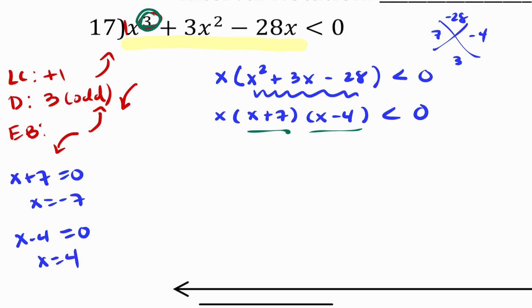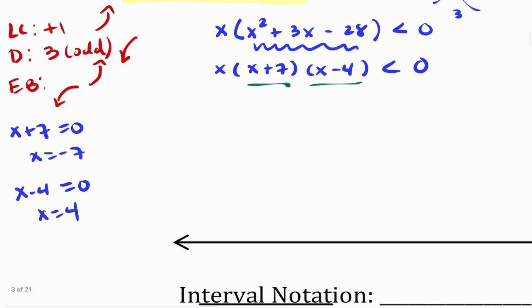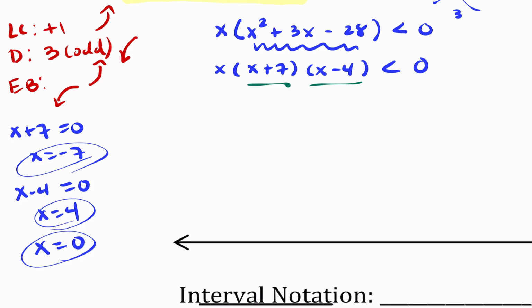But remember, we should have 3 and we only have 2. What's the third one? This x. That x should be equal to 0, and I don't need to solve anything from here because x is already by itself and it's equal to a number. These should be your critical points.